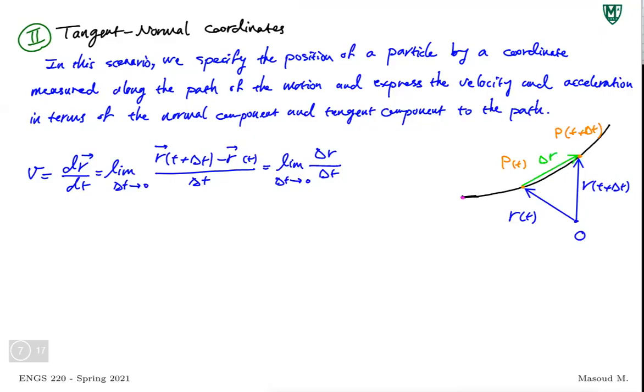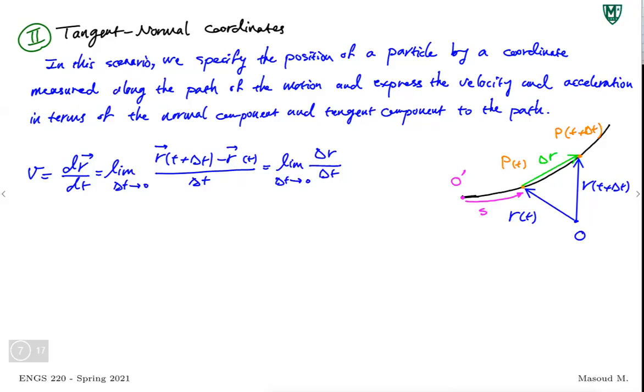I introduce some reference point on the path, I call it O prime, and this is s. Basically, coordinate s measures P's position along the path relative to O prime.